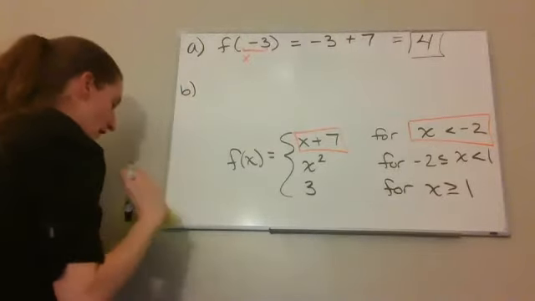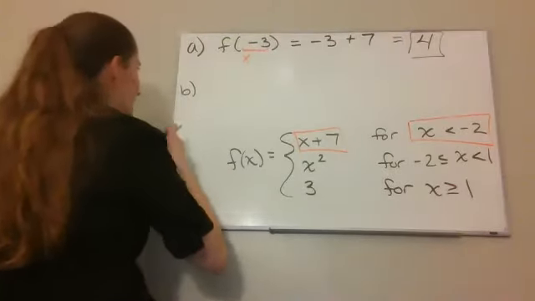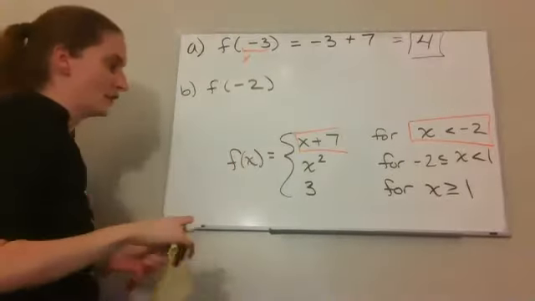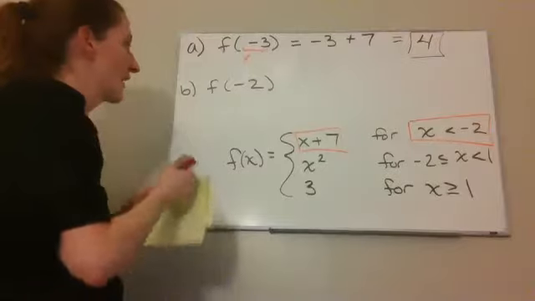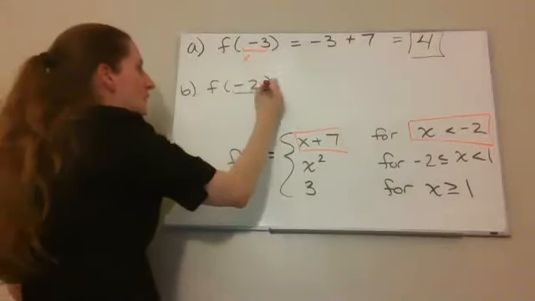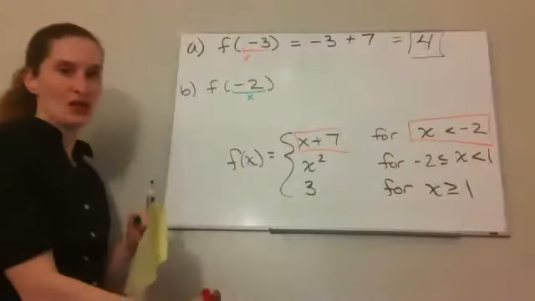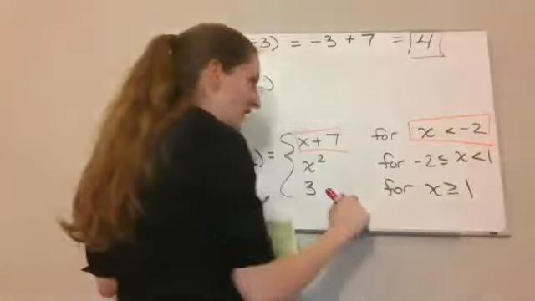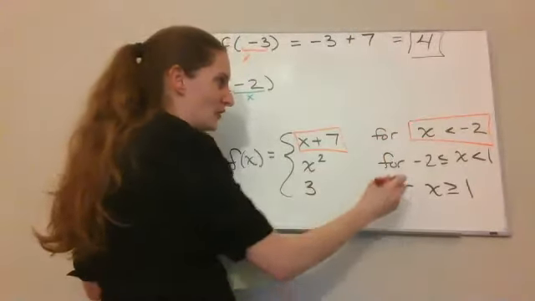Next one, let's try f of -2. Again, to figure out what f of -2 is, we have to look at what our x value is, -2, and figure out which inequality it matches. -2 shows up twice in here, but in my orange box, I have x is less than -2.